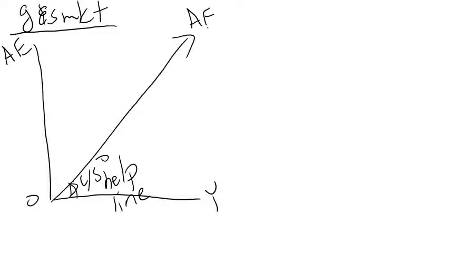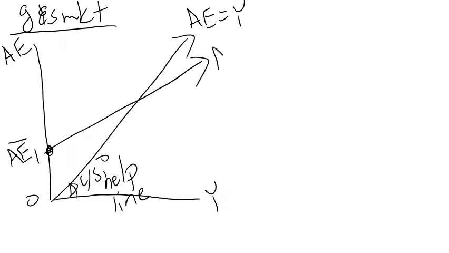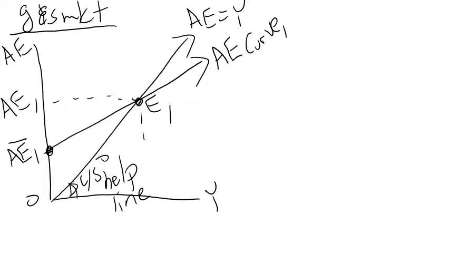Aggregate expenditures are equal to GDP. Autonomous aggregate expenditures 1. Shaped like this. Let's label this as aggregate expenditure curve 1. Initial equilibrium. Initial level of aggregate expenditures 1. Initial level of GDP Y1.